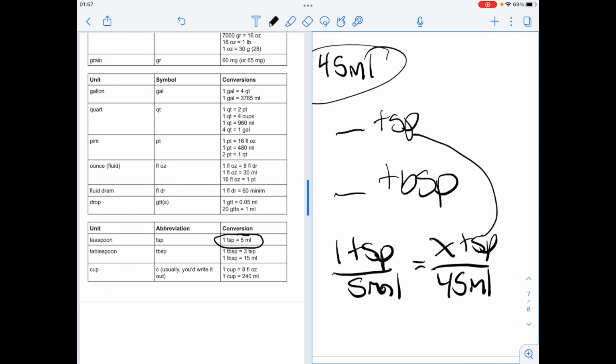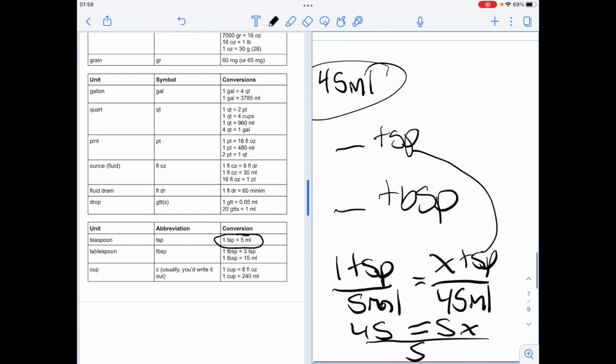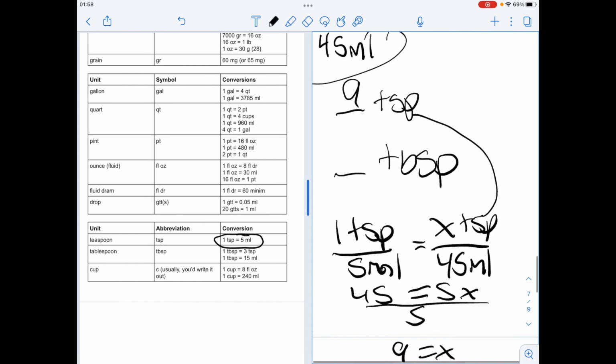Cross multiply: 45 equals 5x. Divide both sides by 5. And we get 9 equals x. So our answer here is 9 TSP.